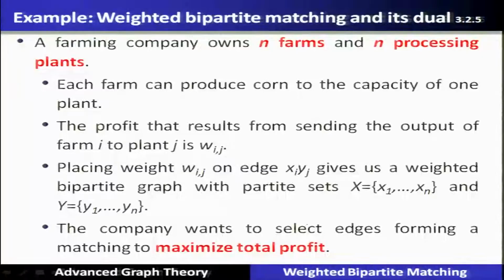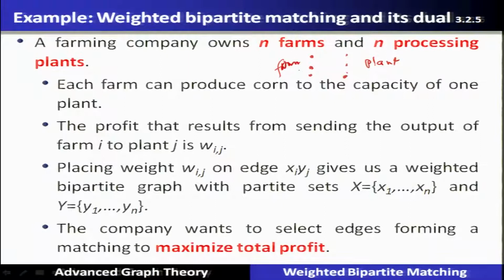One such situation we are going to see here: a farming company owns, let us say, n farms and n processing plants, and each farm can produce corn to the capacity of one plant. So, the profit that results from sending the output of farm i to plant j we are going to represent like this. So this is, let us say, a farm and this is the plant.